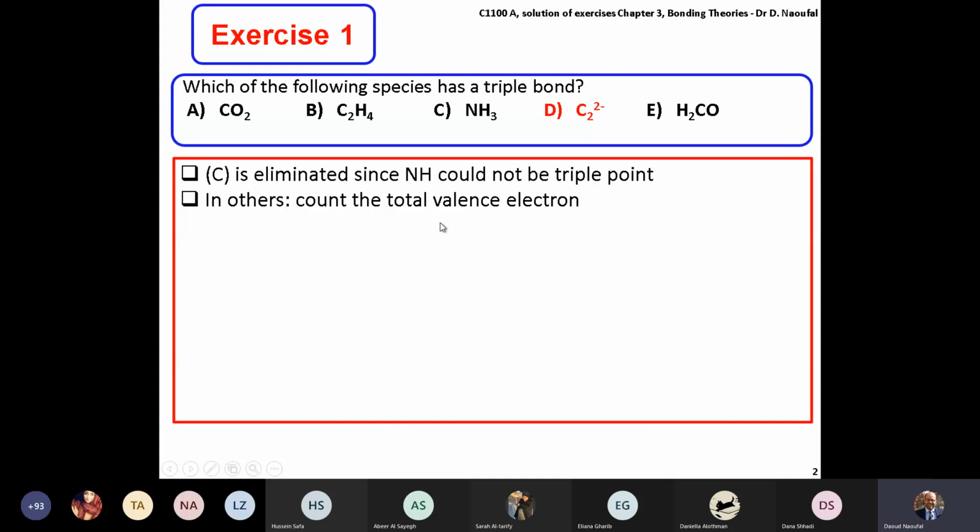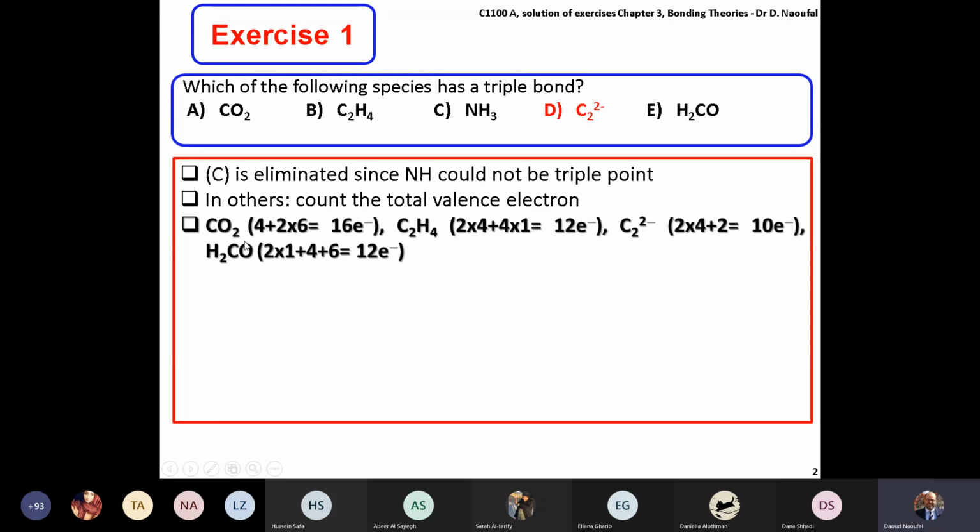In these molecules, we will count the total valence electrons. In CO2, we have 4 for carbon plus 2 times 6, 16. In C2H4, 2 times 4 plus 4 times 1 equals 12. In C2 2-, 2 times 4 plus 2.